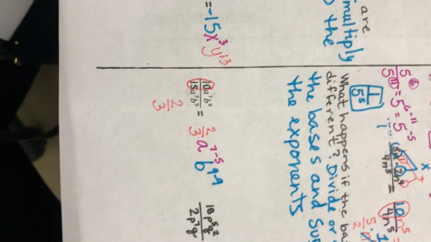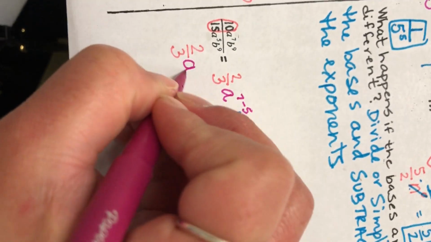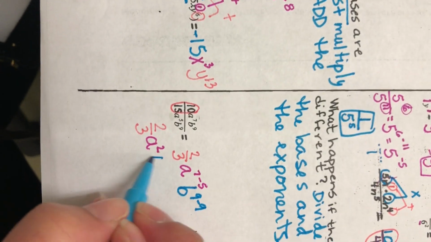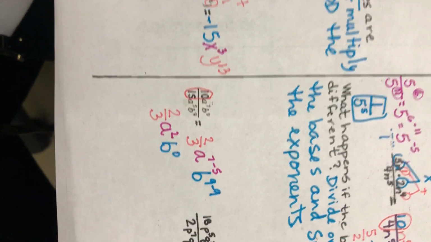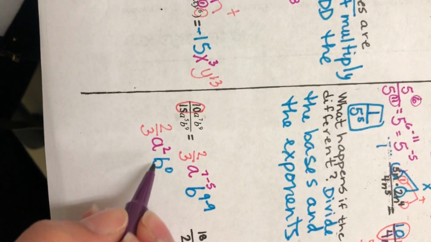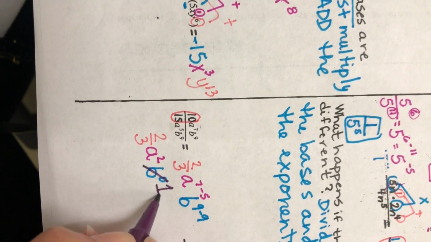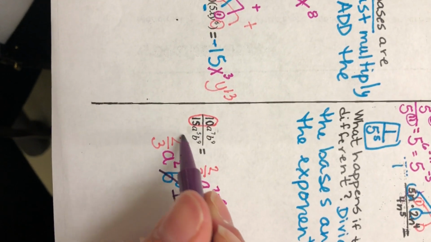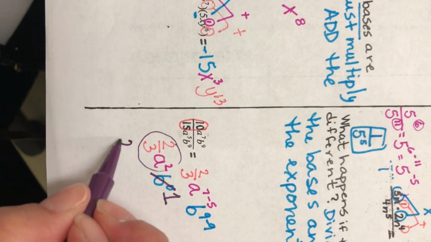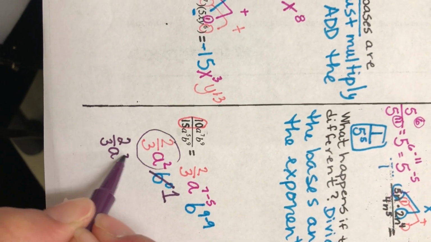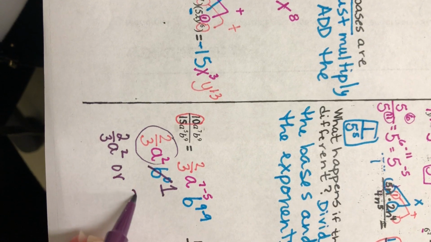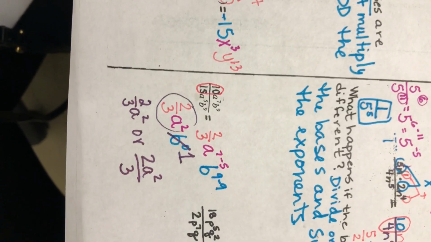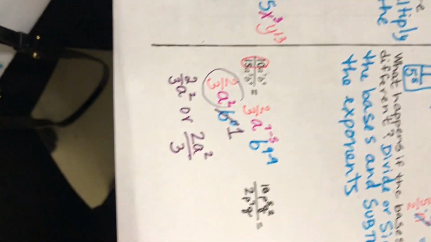Now 7 minus 5, that's a 2, and 9 minus 9, that's 0. So what did we learn right now? That anything raised to the 0 is just 1. So 2/3 a squared times 1 is just all of that. So 2/3 a squared, or it can be written like this. Same thing. The one in the center right there can be put on the top.